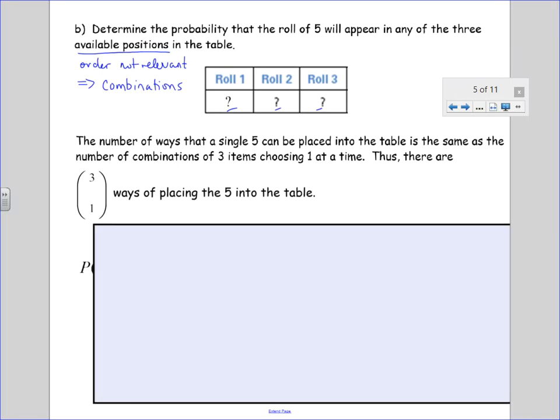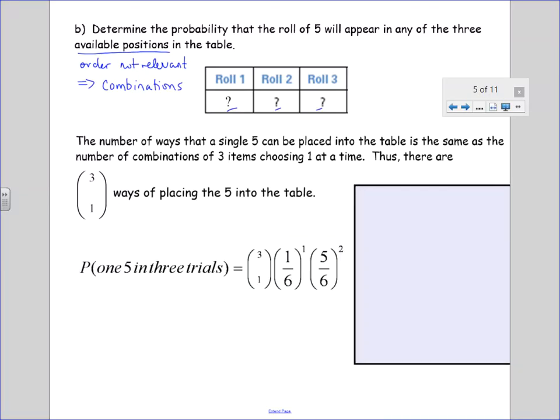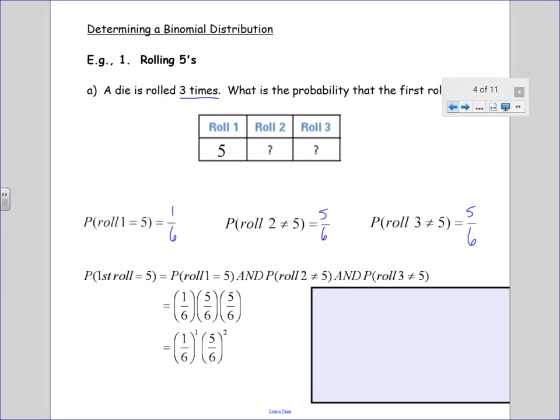Because of that, the probability of getting one 5 in the 3 trials is going to be 3 choose 1 multiplied by, check this out, remember what we did down here, the probability of the first roll being 5 was equal to this.